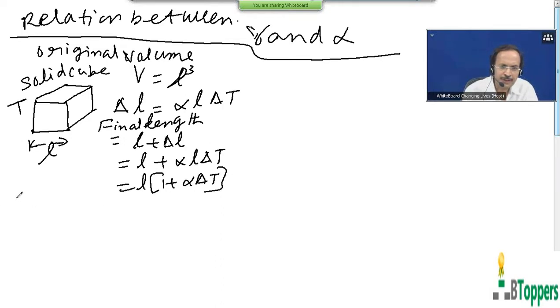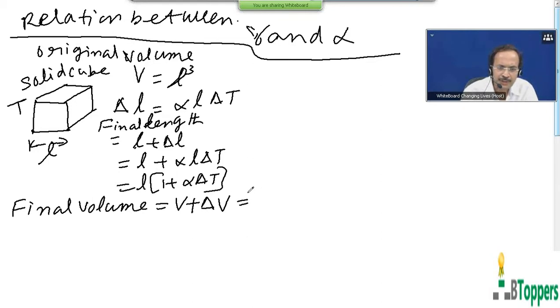So the increase in the volume is denoted by delta V. So V is the original volume and delta V is the increase in the volume. Then the final volume can be written as V plus delta V, which you can write as the cube of the final length.